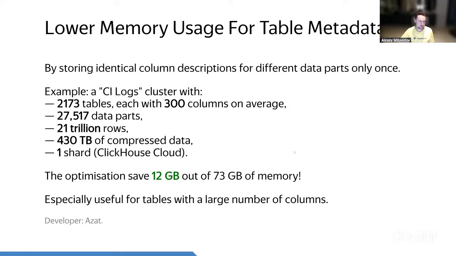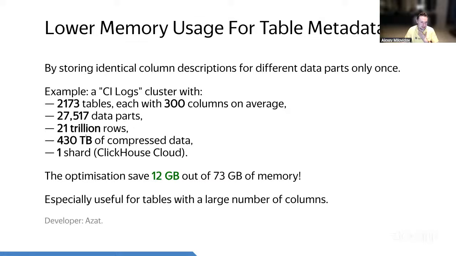And we tested it on our cluster that we use for development, the cluster for CI logs of our testing infrastructure. It has more than 2,000 tables, each of them like 300 columns on average. Some tables have 2,000 columns, some tables have 100 columns, with 27,000 data parts and 21 trillion records, with half a petabyte of compressed data.